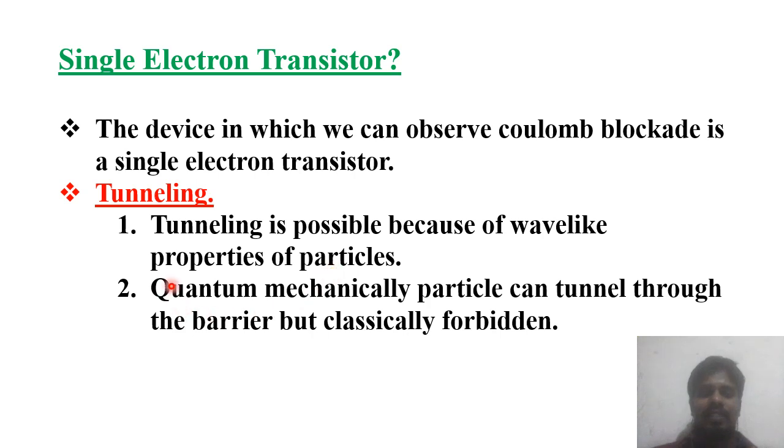So that's why the first point says that tunneling is possible because of the wave-like properties of the particle. Quantum mechanically, the particle can tunnel through the barrier, but classically it can't. This quantum mechanical phenomenon is a most important property in the single electron transistor.